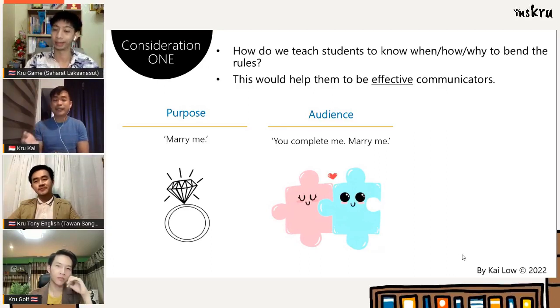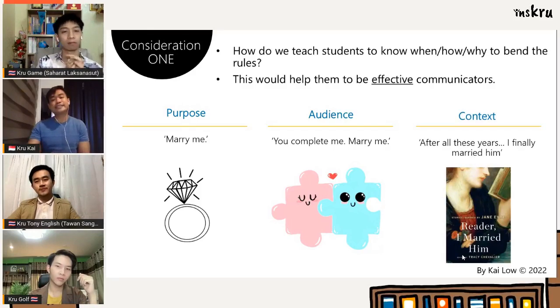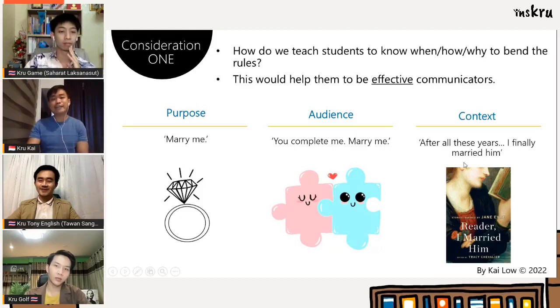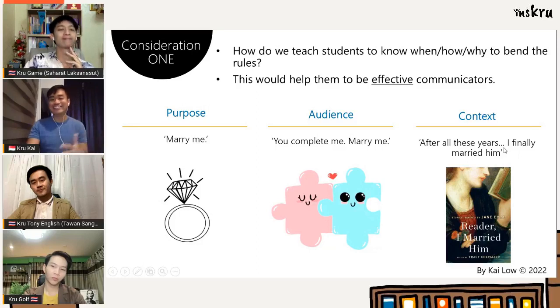Now, if I may now introduce you to context, think about now this sentence. After all these years... I finally married him. Now, in this sentence alone, note the use of the ellipsis or the three dots and the emphasis on the word finally. These seem to suggest that the I in this sentence is the more powerful person in the relationship.